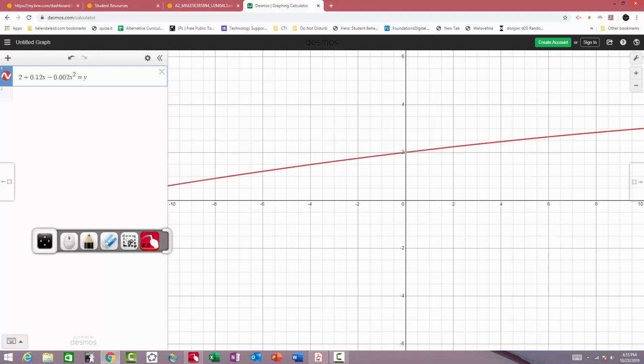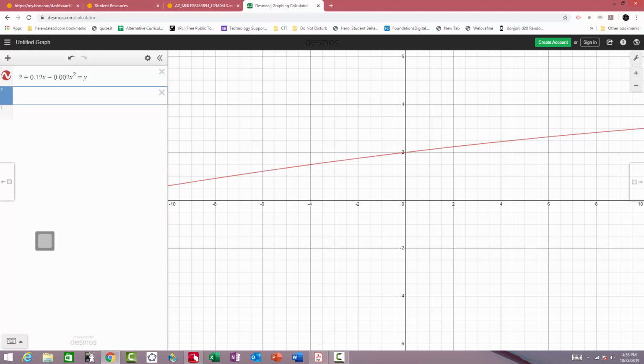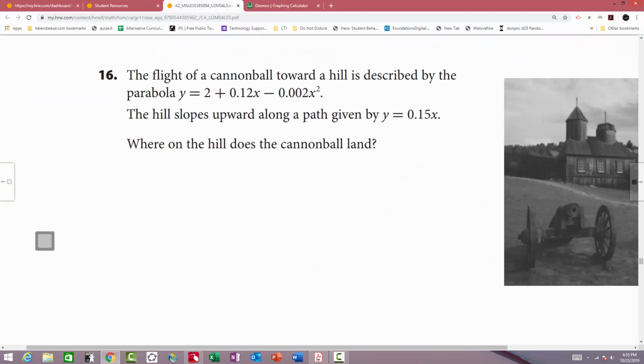That's going to be equal to y. And then we're going to have y equals 0.15x. So they definitely cross.